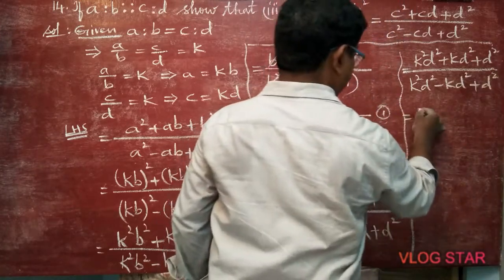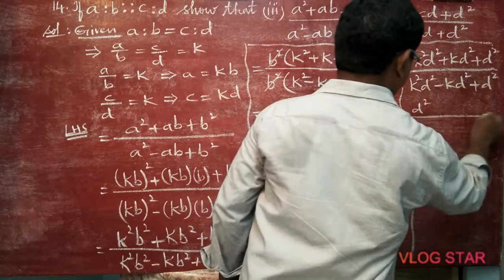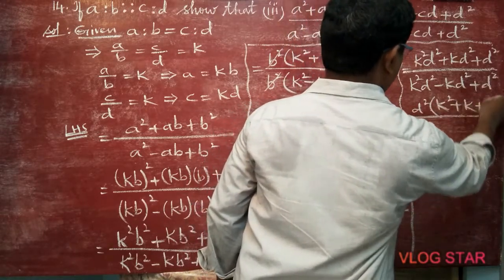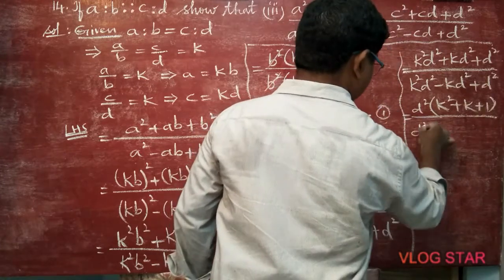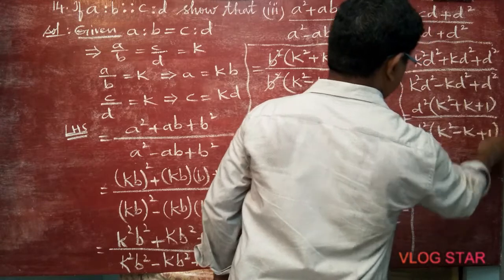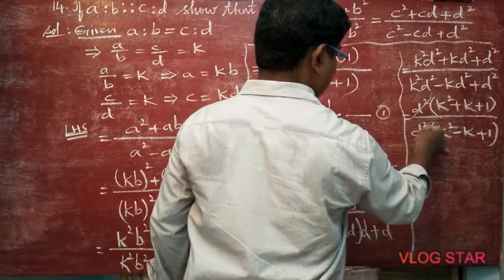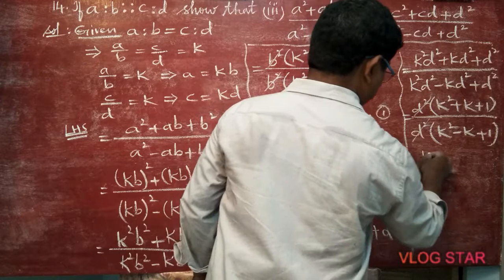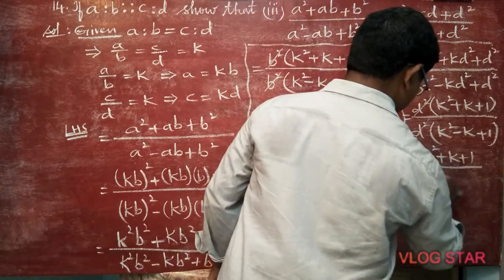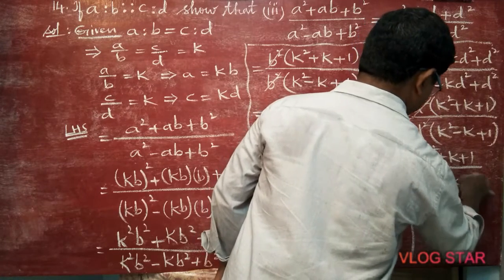In numerator D square is there, in denominator also D square. K square plus K plus 1. Denominator also D square common. K square minus K plus 1. Now D square cancels. Remaining is K square plus K plus 1 by K square minus K plus 1.